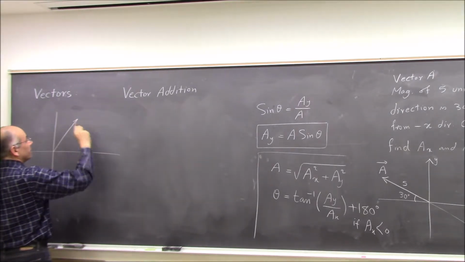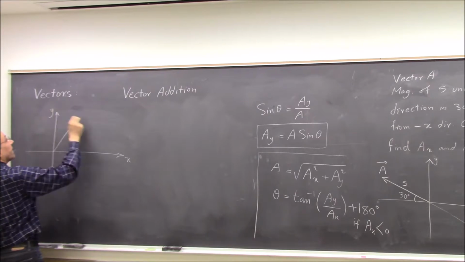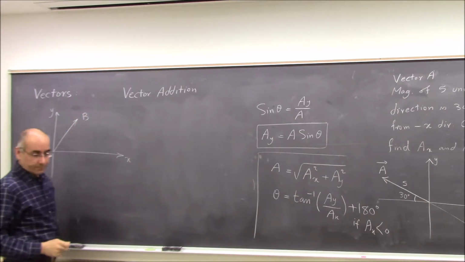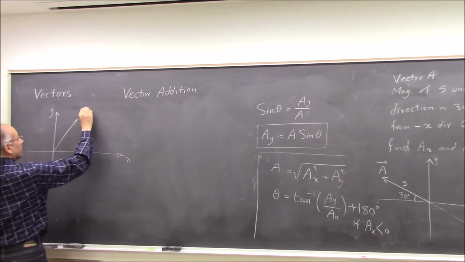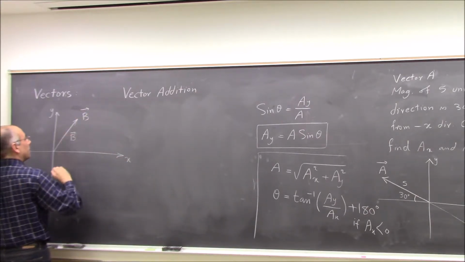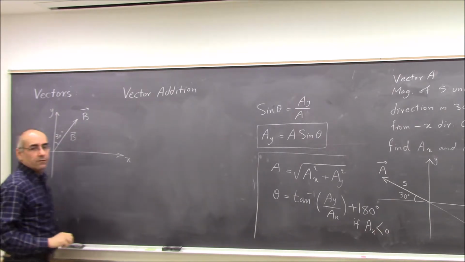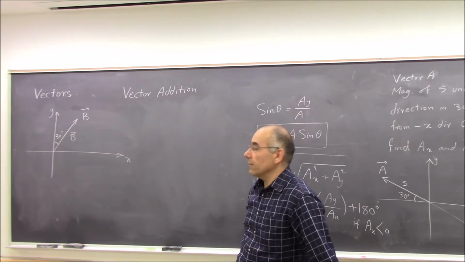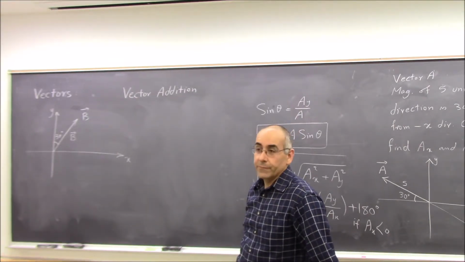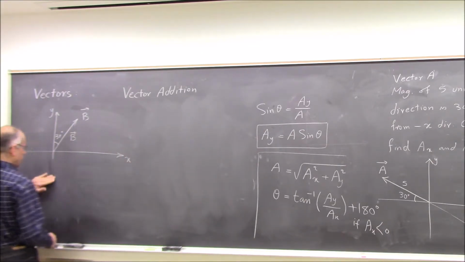All right, let me say vector B. Now I call it different, x and y. Vector B has a magnitude of b, and it's at 30 degrees to the positive y direction, clockwise. What are the components of b in terms of the magnitude? What is bx? What is by?